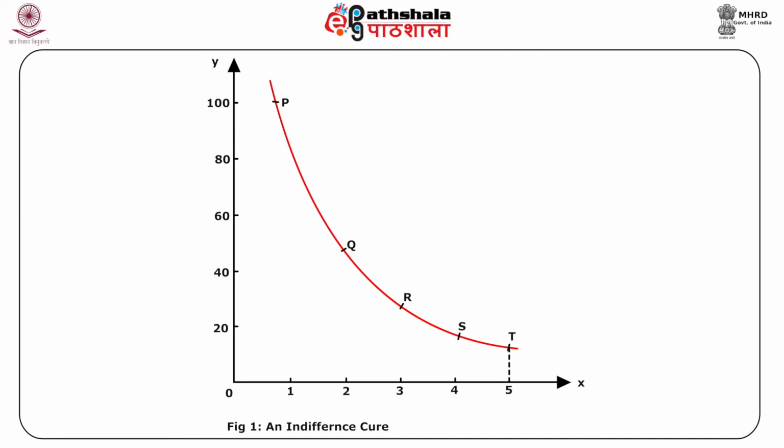Figure 1 shows the quantities of commodity X on the horizontal axis and commodity Y on the vertical axis. All of the 5 combinations shown by points P, Q, R, S and T fall on the same indifference curve, indicating that these alternative combinations give equal utility to the consumer.